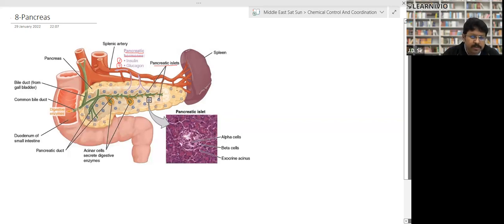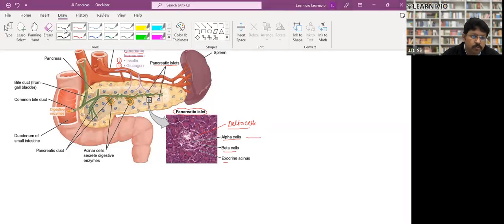In these pancreatic islets there are kinds of cells: alpha cells, beta cells, and they make the exocrine part, right? There is in fact one more kind of cell, delta cells. Alpha cells are responsible for secretion of a hormone called glucagon.